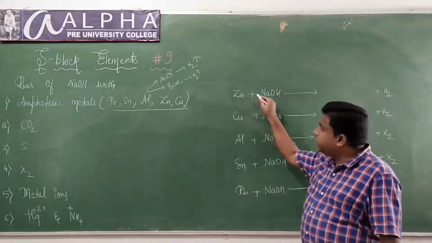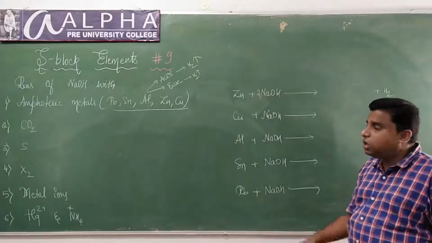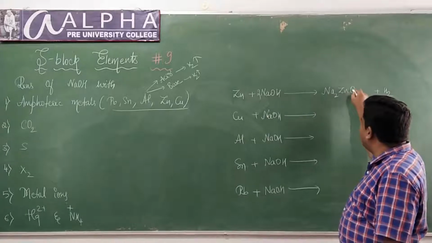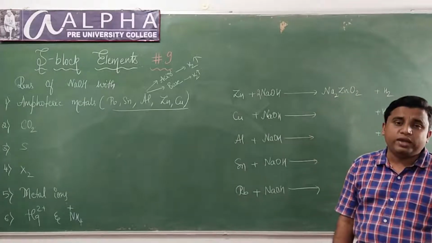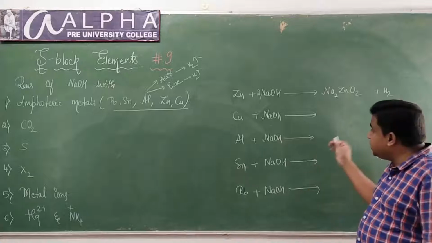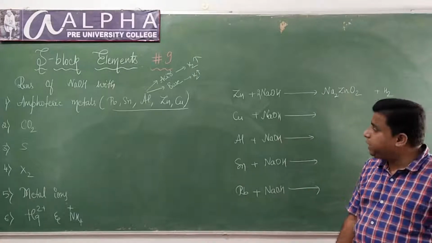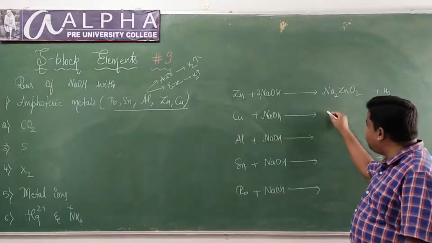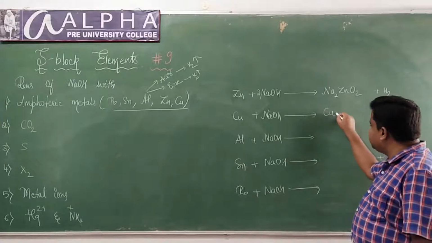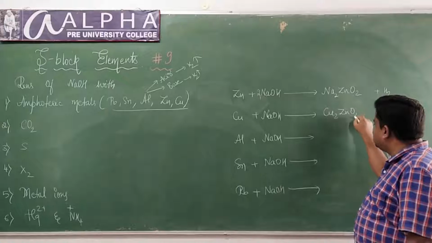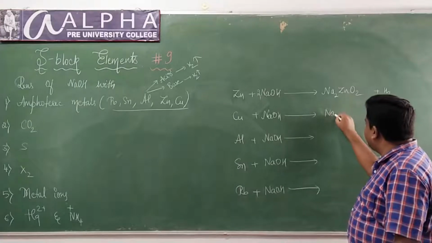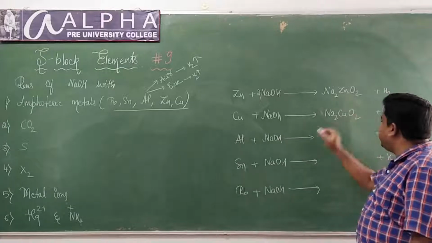Look here, zinc reacts with sodium hydroxide to form Na2ZnO2. This is called sodium zincate, and hydrogen gas will be liberated. Copper reacts with sodium hydroxide to form Na2CuO2.